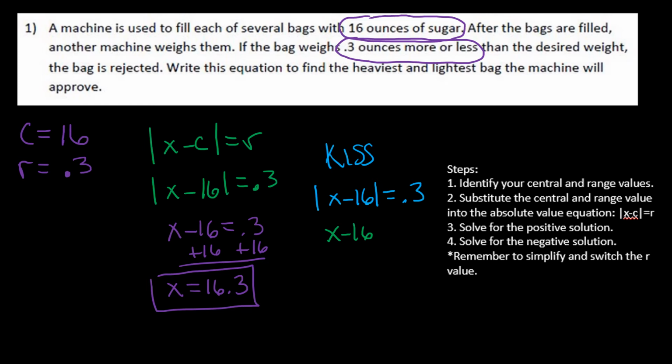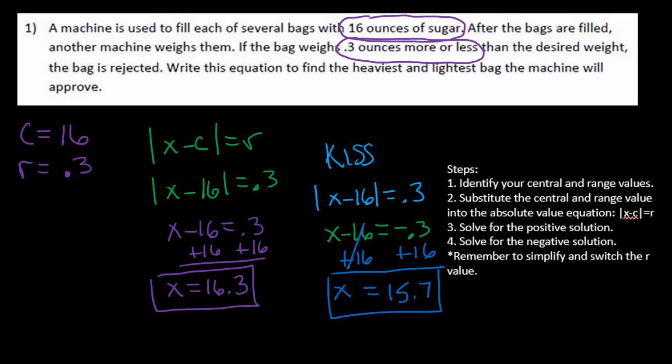We switch the equal sign, but the switch of an equal sign is still equal. And then we switch this 0.3 to a negative 0.3. Then you solve. We add 16 to both sides, and we get x equals negative 0.3 plus 16, which would be a positive 15.7.